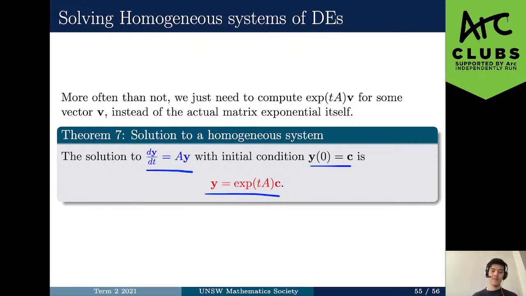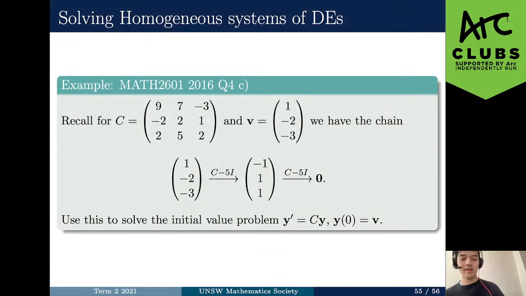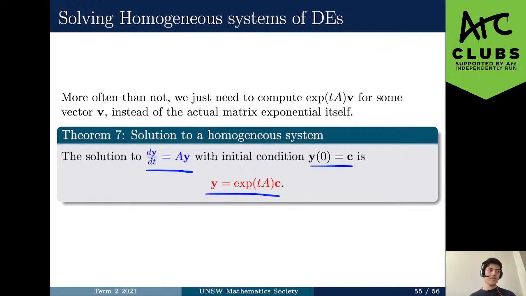So this is saying that if I want to find the solution to this system of differential equations, I just need to find the exponential matrix multiplied by C, where C is the initial condition.